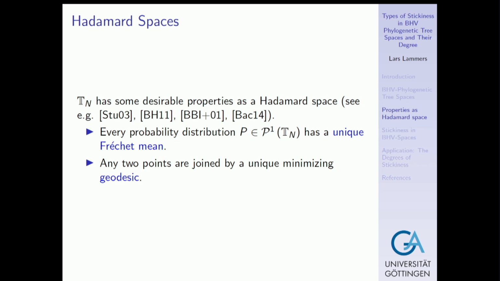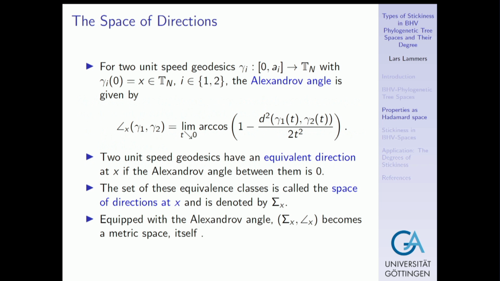Every probability distribution with a finite first moment has, in fact, a unique Fréchet mean, so we don't have to bother with Fréchet sets with more than one element. And any two points are joined by unique minimizing geodesics.